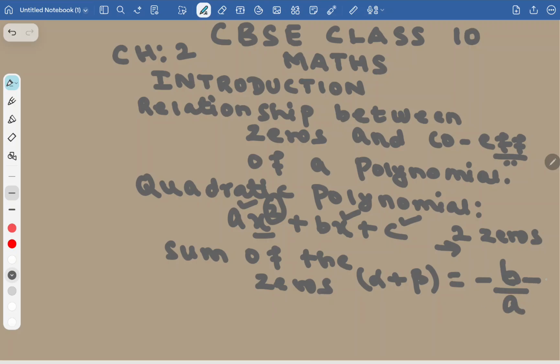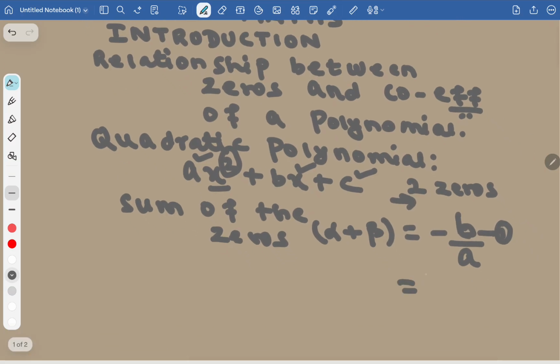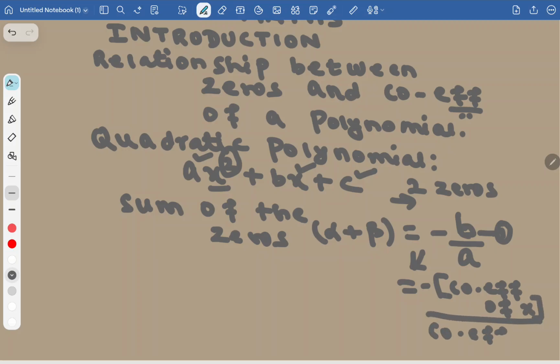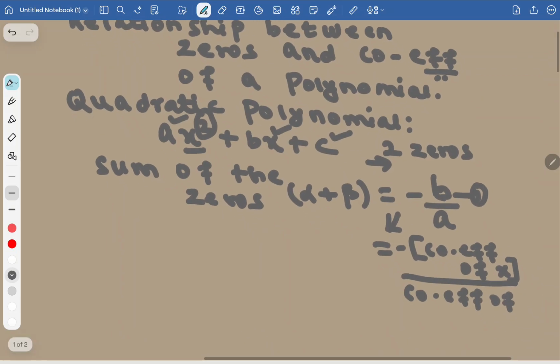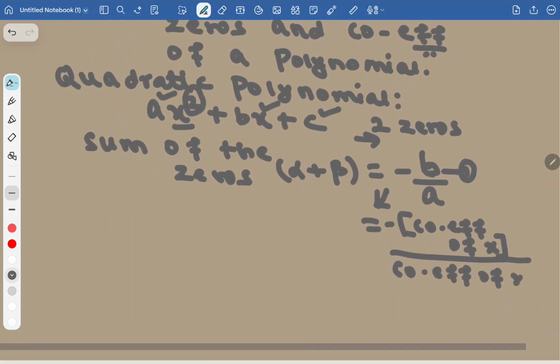This is the relationship which is the first one, that is coefficient of x divided by coefficient of x square, minus b by a, or otherwise I am writing here minus of coefficient of x divided by coefficient of x square. This is the first relation.